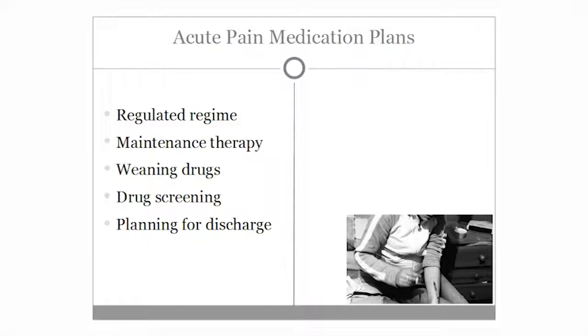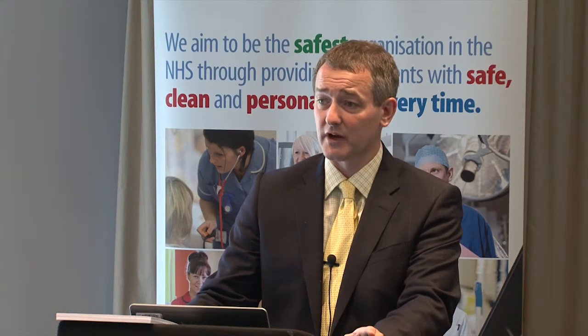And then, with respect to the acute pain plan, once they are off the PCA, we'll go on to a regulated regime. I don't know what other trusts or hospitals do, but our regulated plan is that you can't have opiates more than 3 hourly. Because that's the rule, people won't come to your desk and ask you for medications more often than 3 hourly. You can't have breakthrough medications between times.